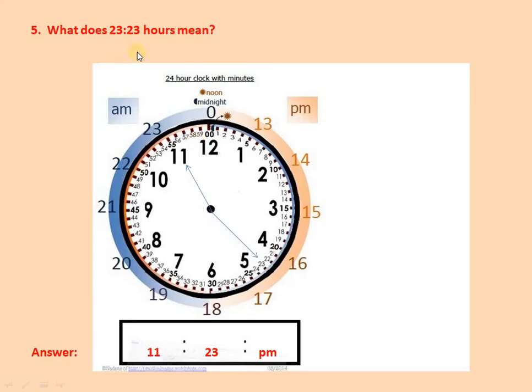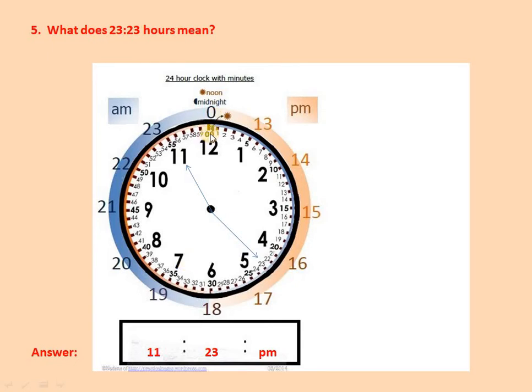Okay, next question. What does 23 hours mean? If you will see, this is in the format of a 24-hour clock. The 24-hour clock starts with 0 hour, then 1, 2, 3, 4, 5, 6, 7, 8, 9, 10, 11.